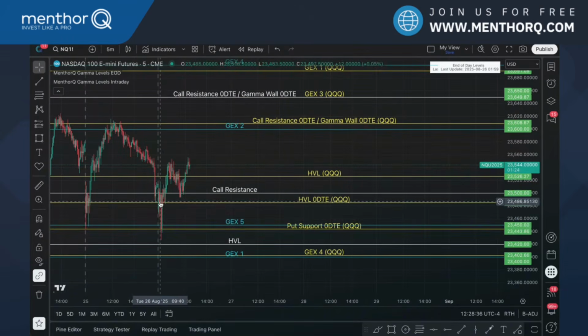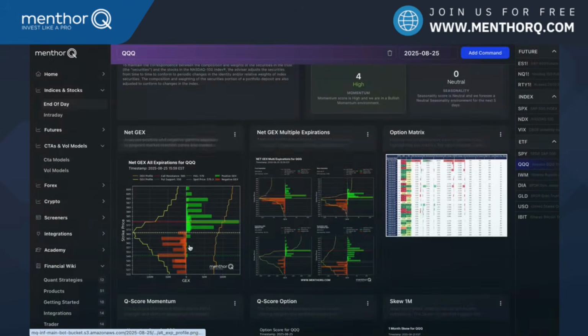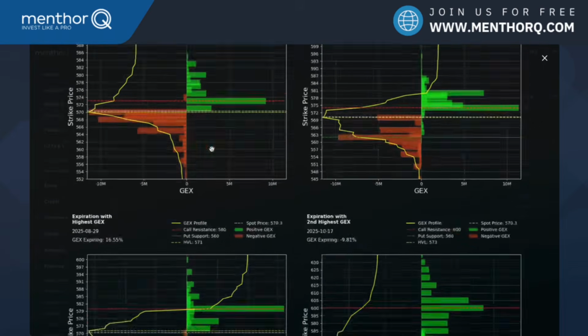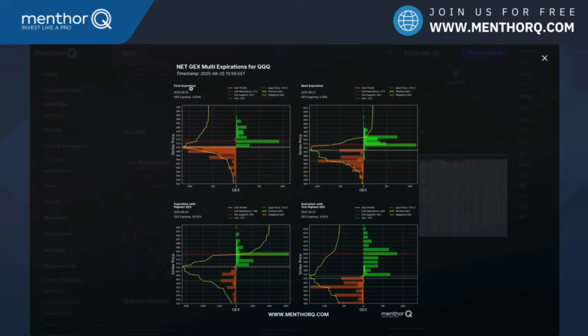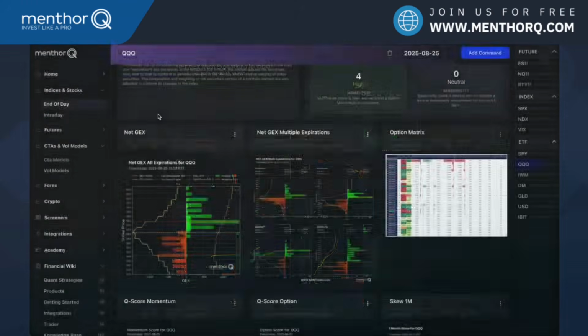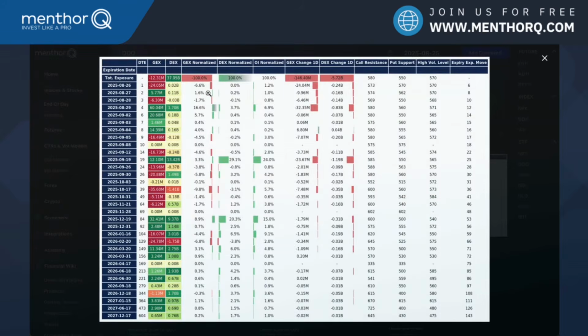So this move down is a very, very strong move. But let's look at how big the bar is, how much gamma is expiring today. You can see from the matrix that we have about 6.6% of negative gamma expiring today. So it's a lot of gamma compared to the overall chain.